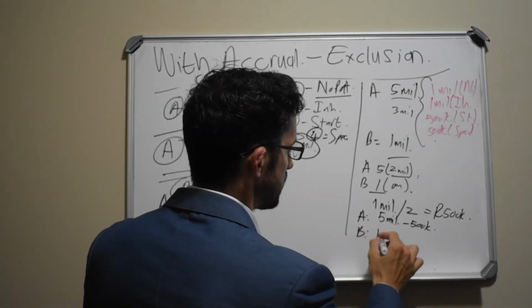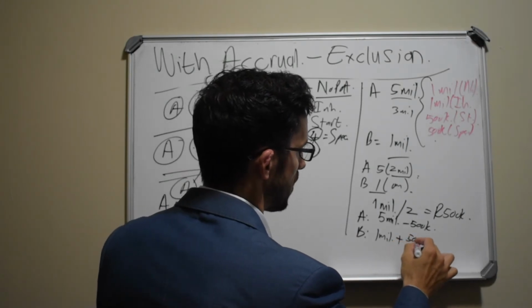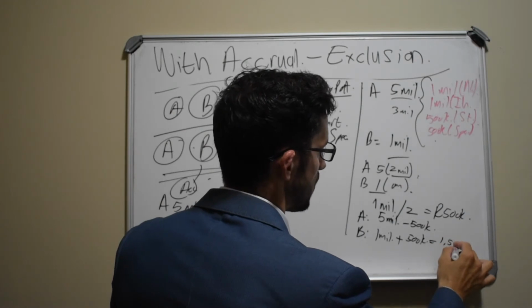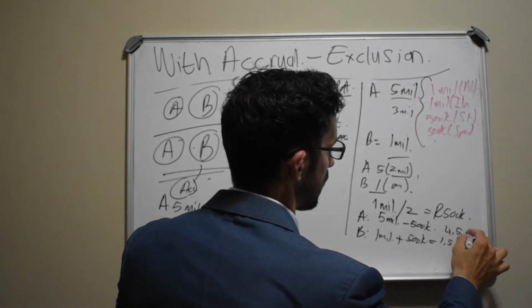B 1 million net value plus 500,000, equaling 4.5 million and 1.5 million. See the difference? The difference is important.